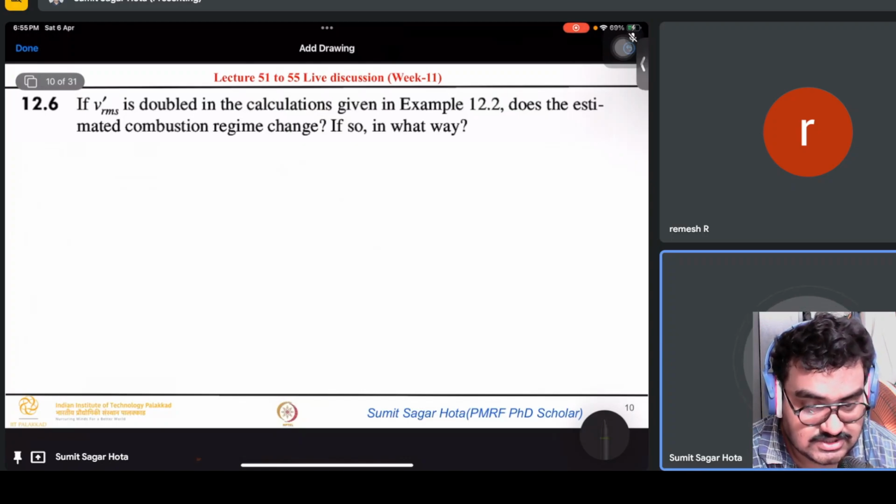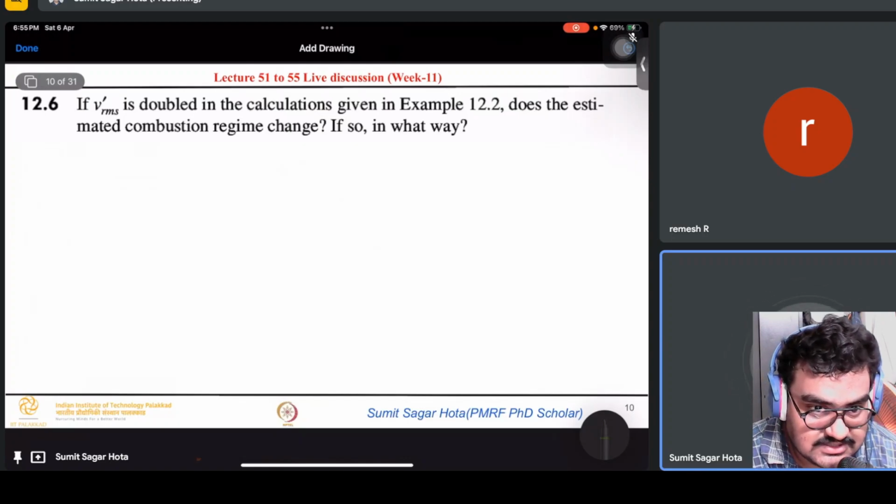Now let's move to the next one. If v_rms prime is doubled in the calculation given in the example, does the estimated combustion regime change? If so, in what way?